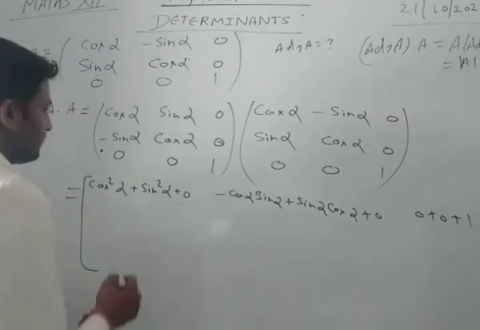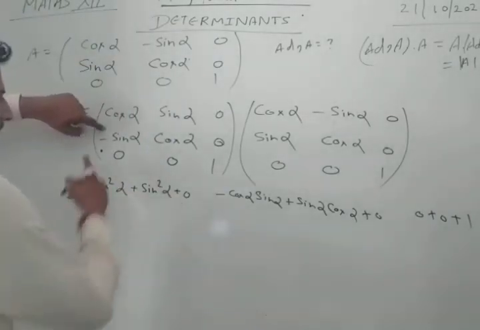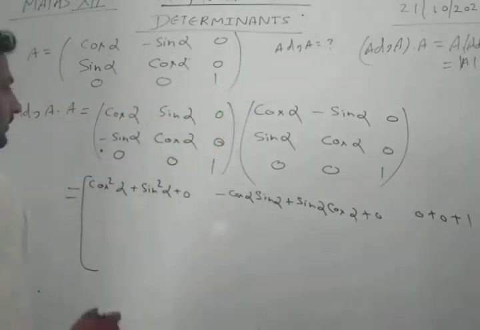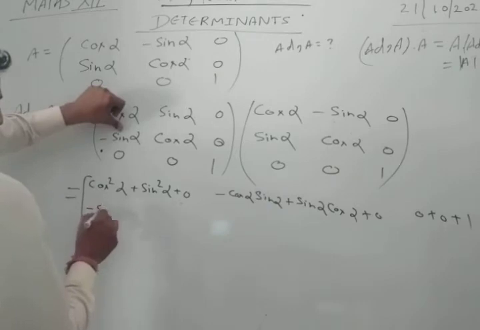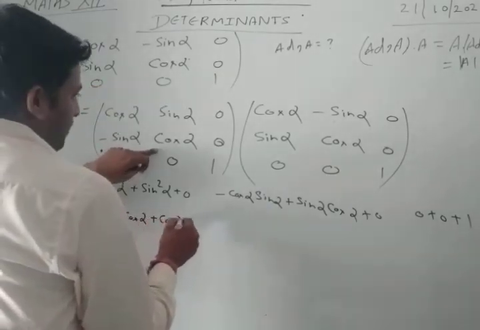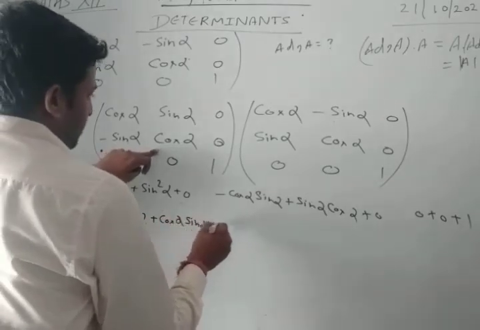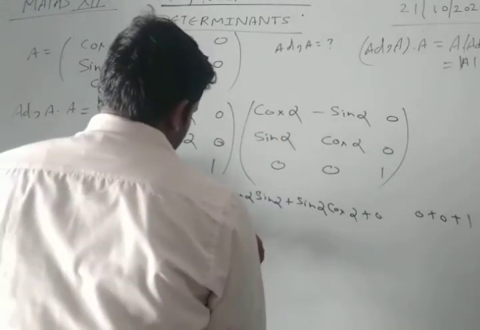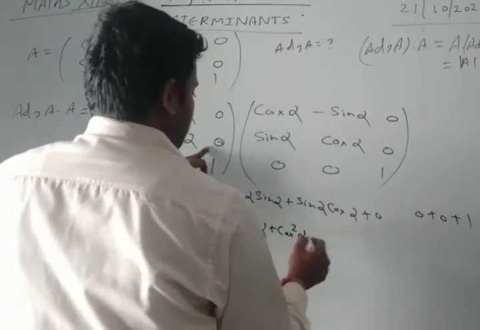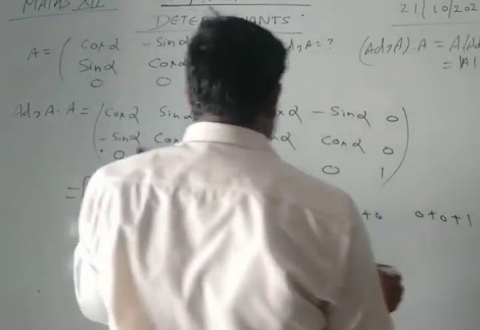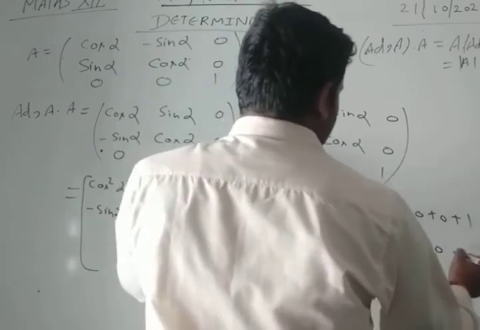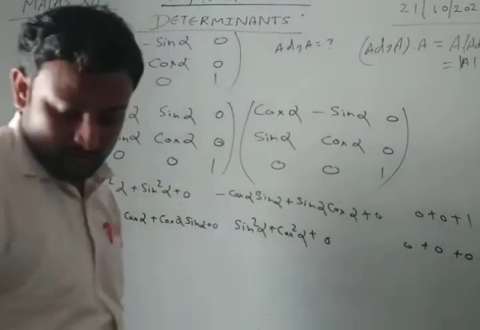So multiply: minus sin alpha cos alpha plus cos alpha sin alpha plus 0, sin square alpha plus cos square alpha plus 0, and next 0 plus 0 plus 0.